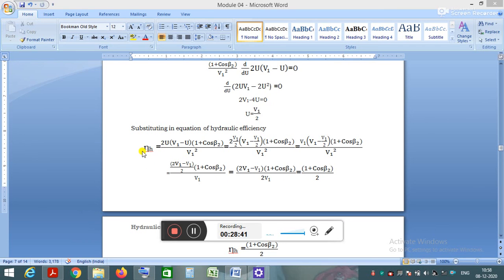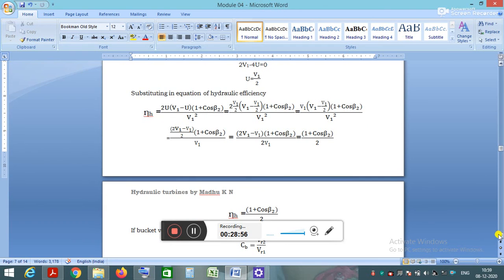And this is the maximum hydraulic efficiency that can be obtained by a Pelton turbine, given by (1 plus cos beta 2) by 2, assuming the relative velocity at inlet and outlet is the same, VR1 equals VR2.